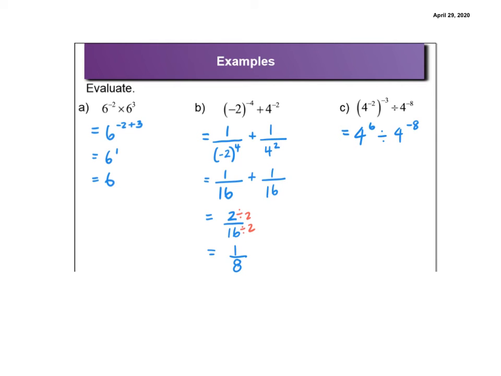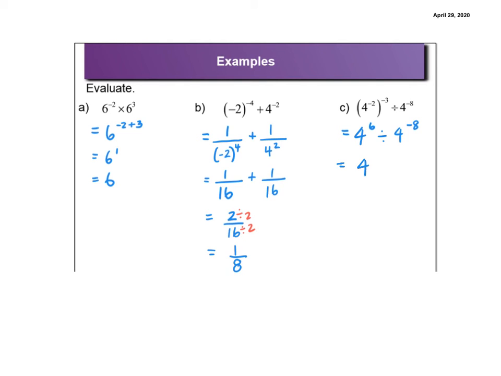Now, I can make several different pathways forward from here. I think, though, that most of you will recognize that we have division, and when we're dividing powers with the same base, we subtract our exponents. So I will take that path forward just because I think that most of us will probably choose this as well.